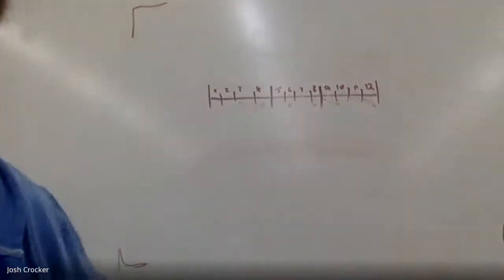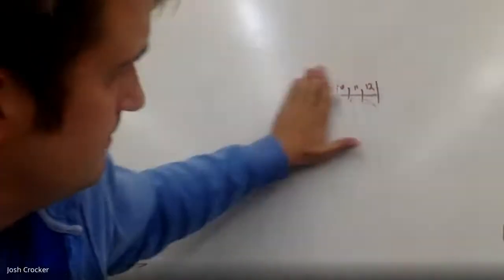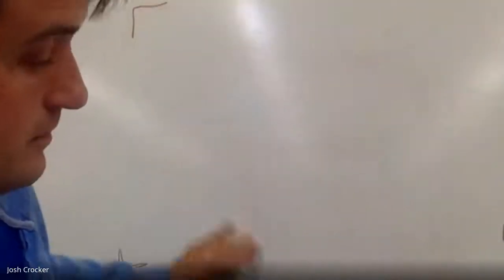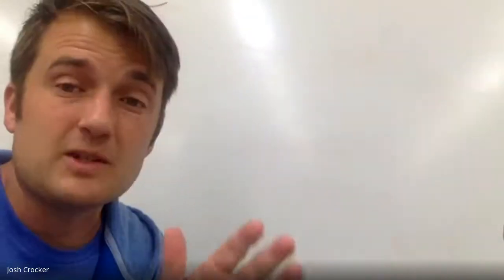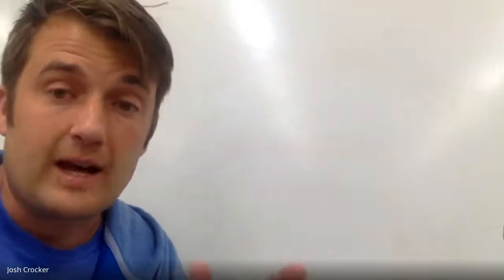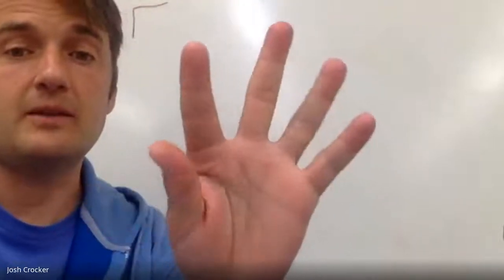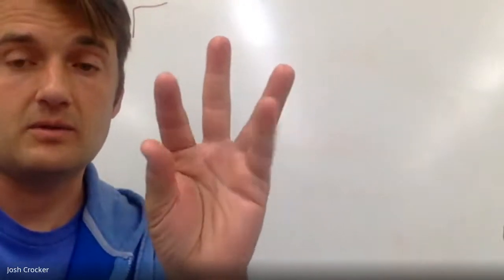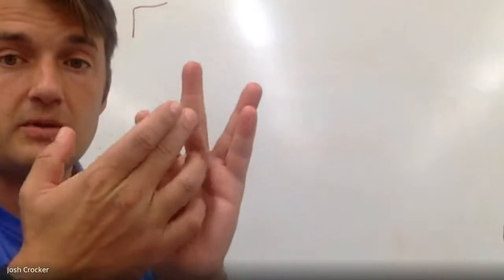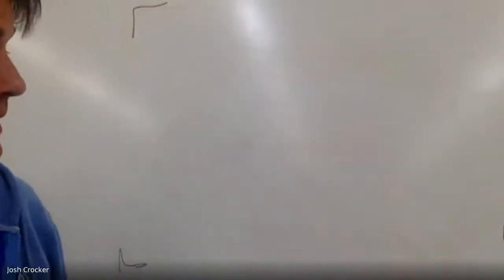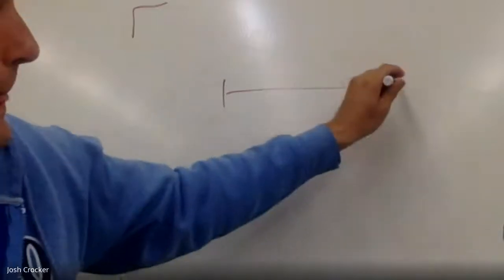Well, let's talk about some of the harder ones. 7, how in the world? You know what? Let's do 5 first. So five fingers. If you want to do a number line into fifths, here's how I think of it. I think of it as a group of 2, and 1 in the middle. So here's my number line.